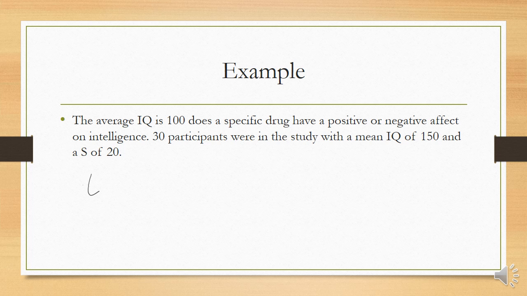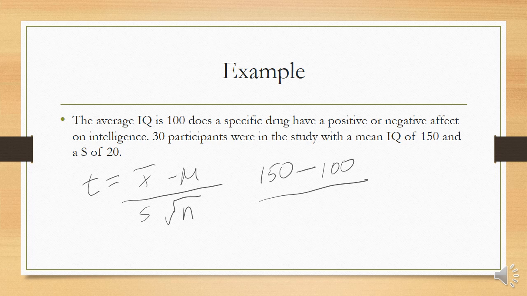So given the formula from before, when you calculate the sample mean minus the mean, over the standard deviation divided by the square root of the number, you would get 50 over 3.65, which would give you a t of 13.69.